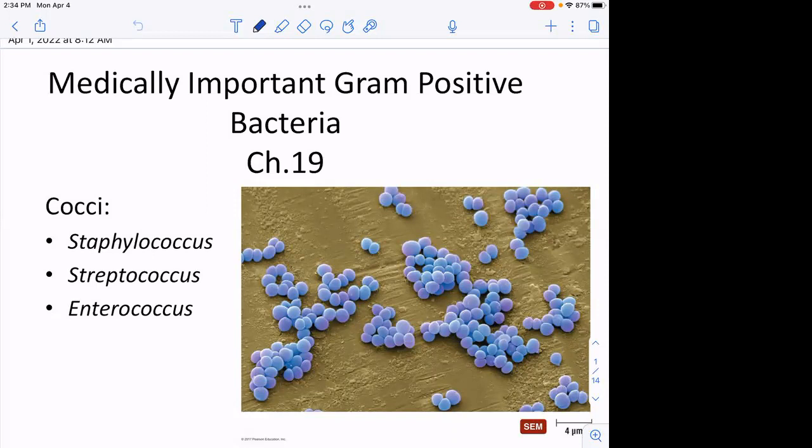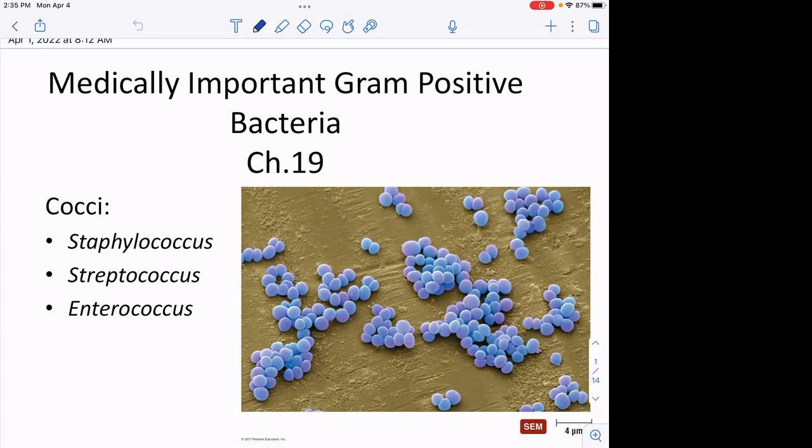We're going to start with the gram-positive bacteria, the medically important ones. We're just going to pick and choose different ones that are in your book. I've referred to where you can read about them in your book, but concentrate on what we talk about in class.